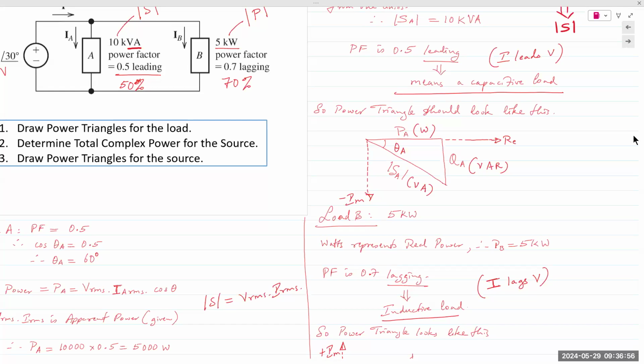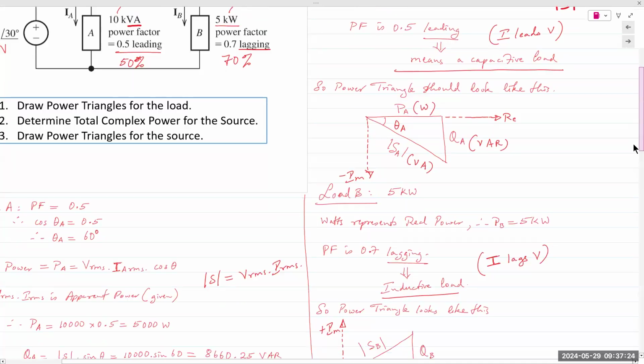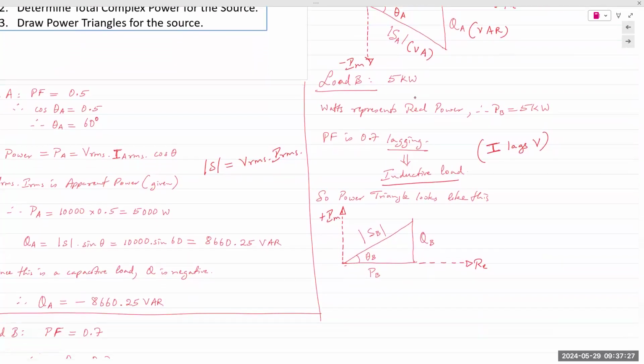A resistor would lie flat on the x-axis, 0 degrees, with no difference between the phase, and it doesn't require any reactive power. So if it was 5 kilowatts with no power factor, then it would be a pure resistor. But because it has a power factor, it is either an inductor or a capacitor. And then it states that it is lagging, and if it's lagging, it means it's an inductor. So load B, or element B, is 5 kilowatts average power, and it means it's an inductive load.